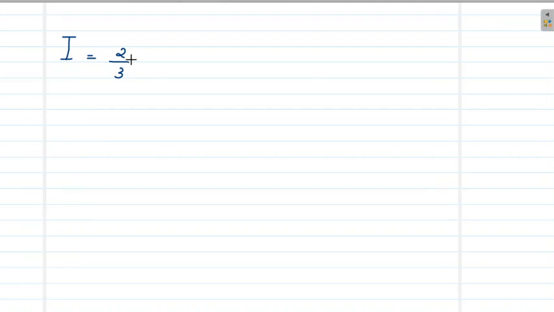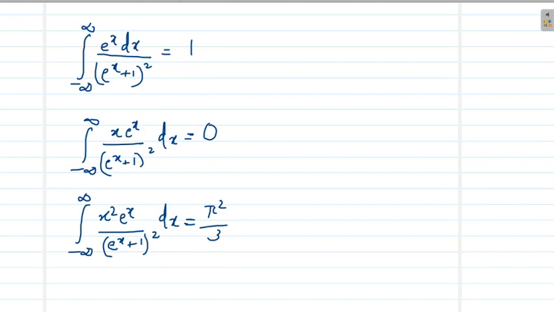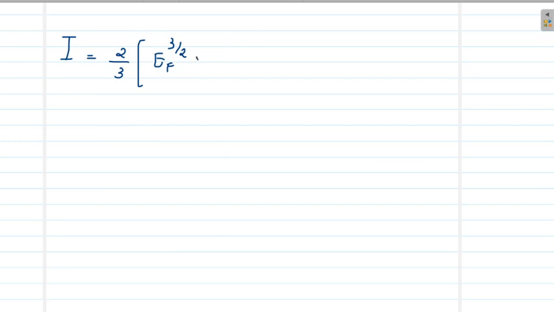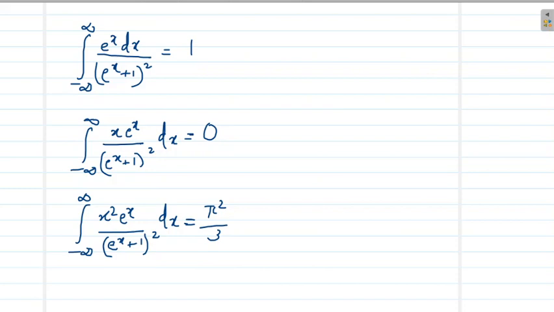by 3 into Ef^(3/2) into 1, plus the second term will be 0, right?